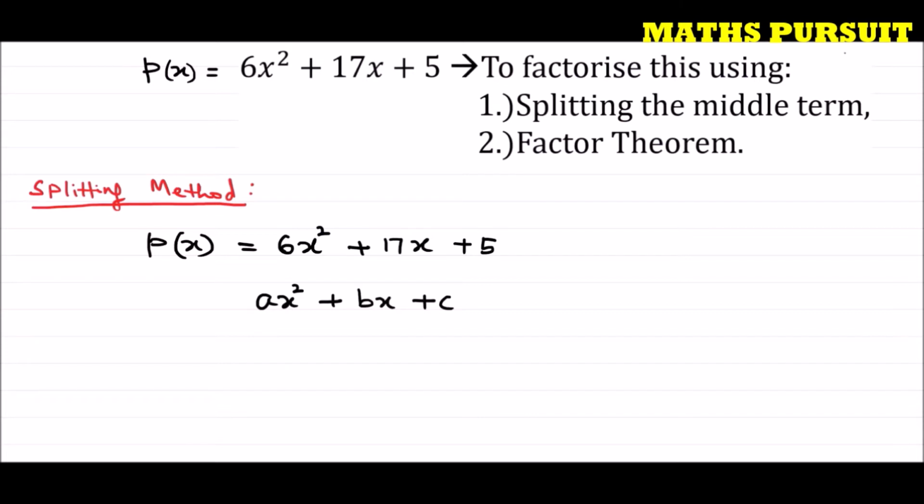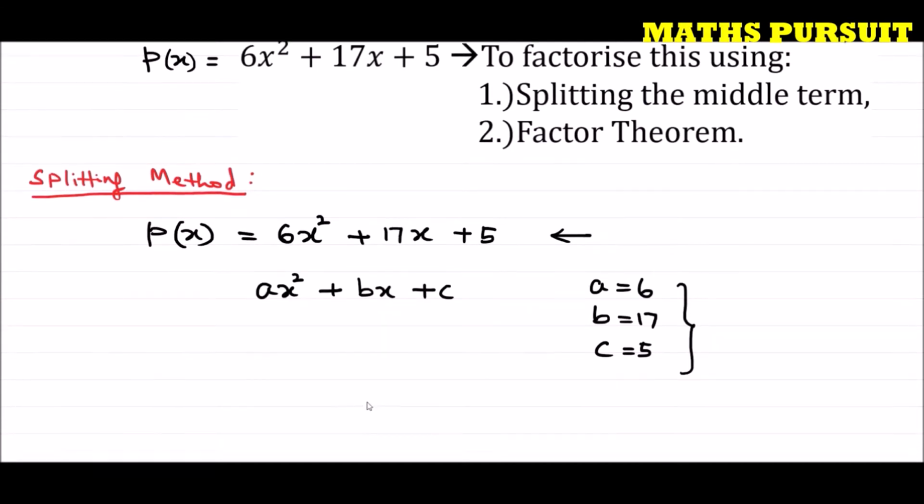Here the value of a is equal to 6, b is equal to 17, and c is equal to 5. How did I get these values? I took these values from the given polynomial. If we compare the equation ax square plus bx plus c with the given polynomial, we get a equal to 6, b equal to 17, c equal to 5.